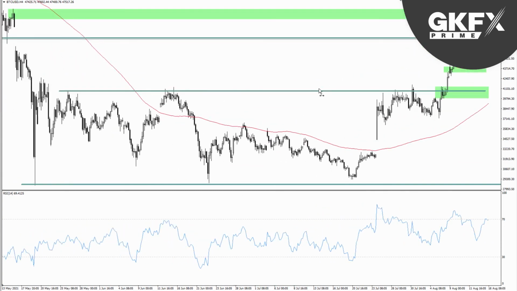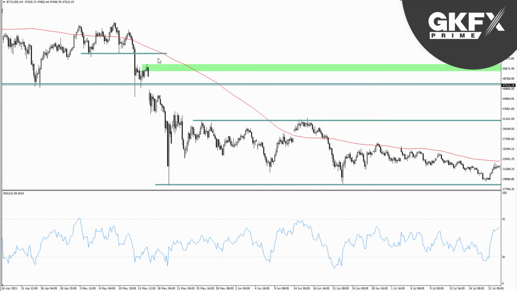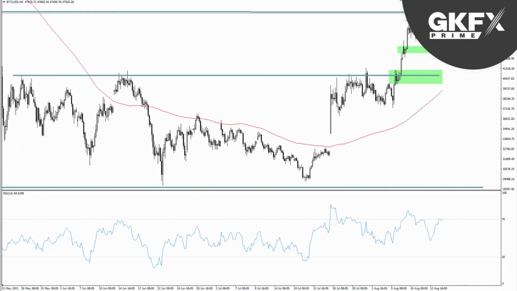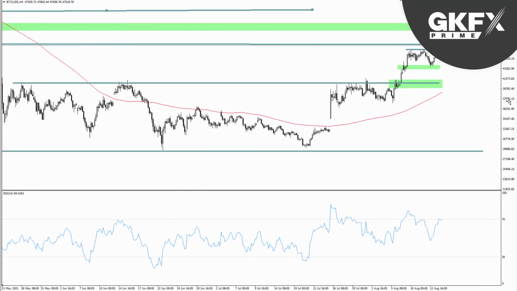That provides some slight resistance there, and then we've got where we really start to sell off. If we drag this line across, I think that comes in about 51,000 if memory serves.